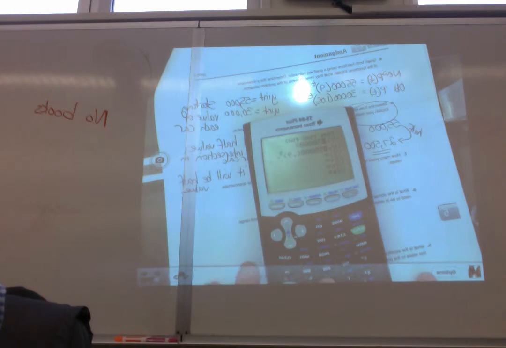I'd taken it out to simplify my life, 1.05, and raise that to an X. Second, calc. Intersect is number 5. One graph. Second graph. It's going to ask us a couple questions. First curve, enter. Second curve, enter.